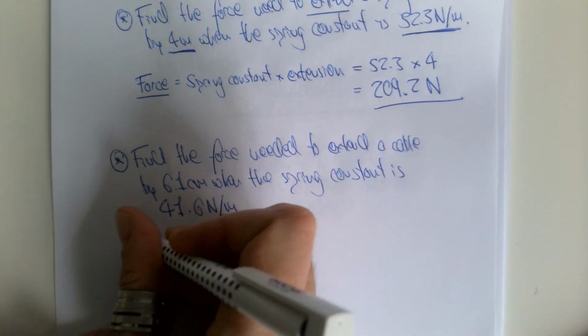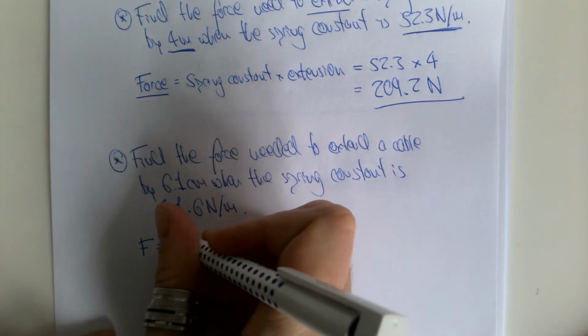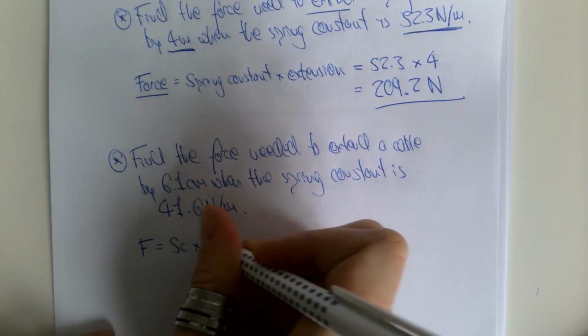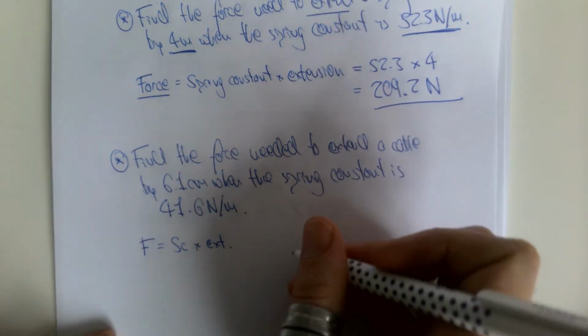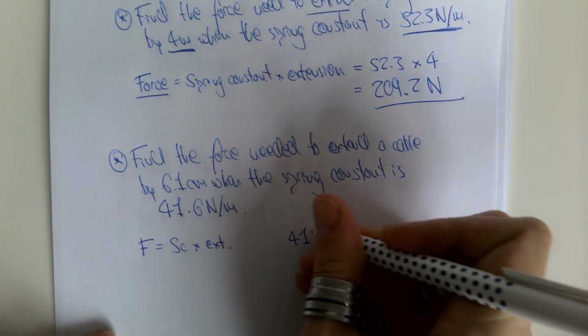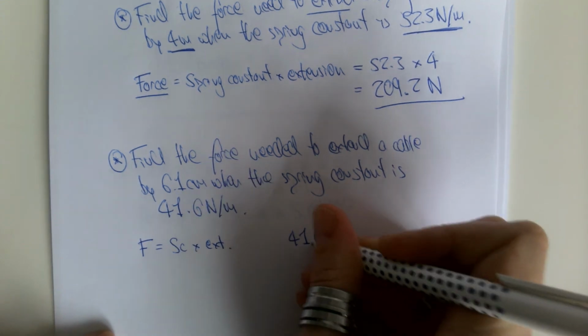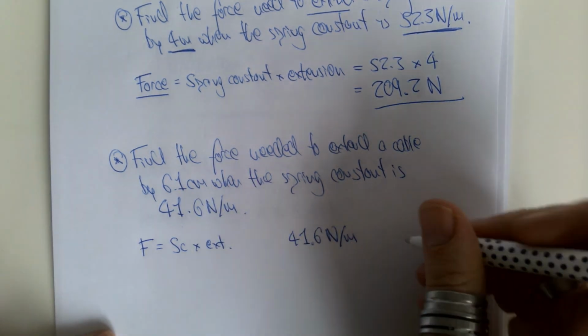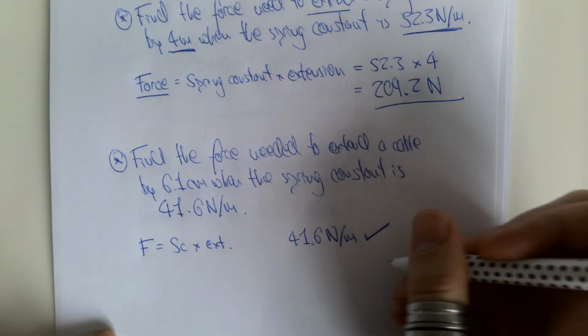So we know that force equals spring constant times extension. So we've got our spring constant of 41.6 newtons per meter. Now, from what we said at the start, that is in correct units.